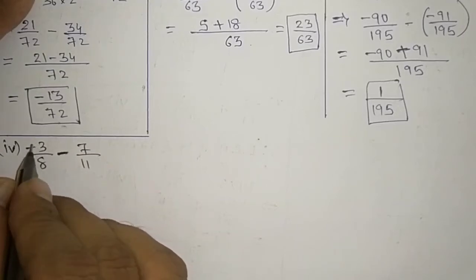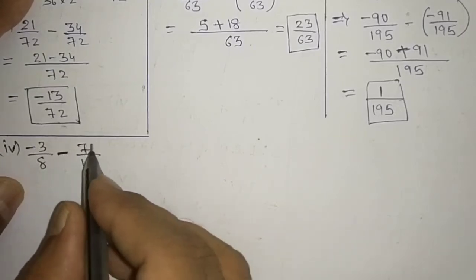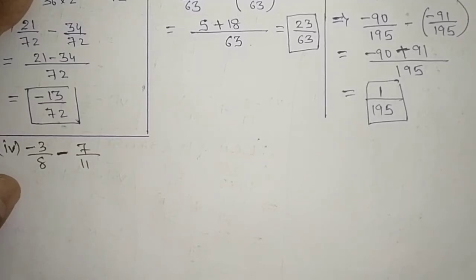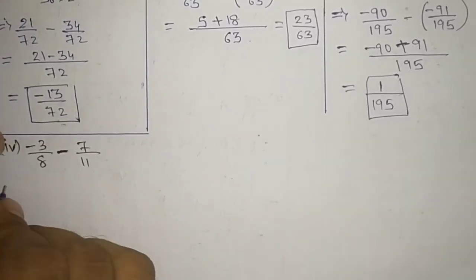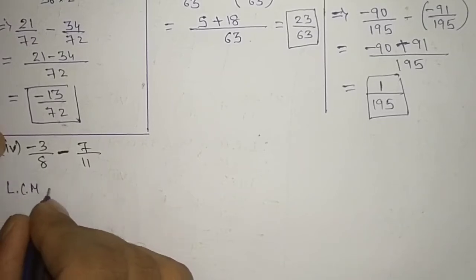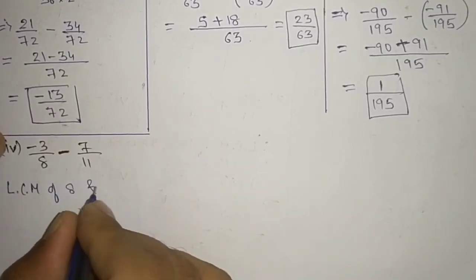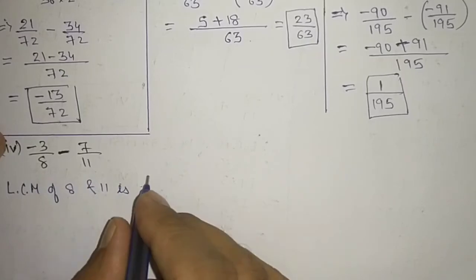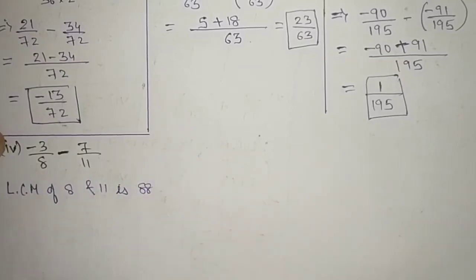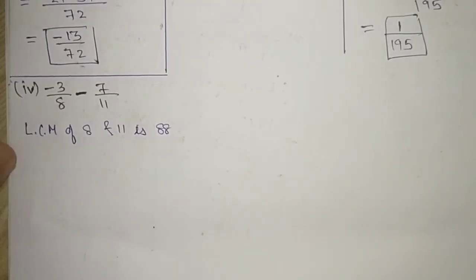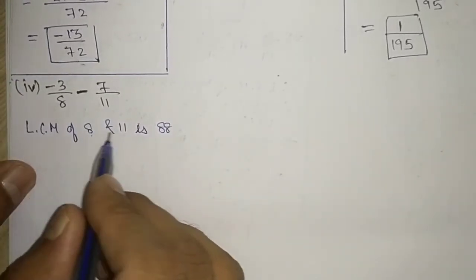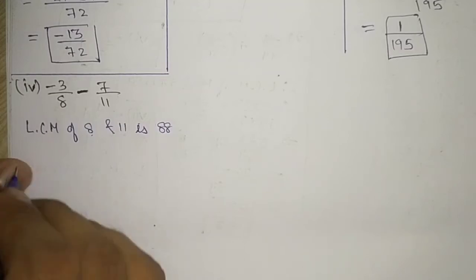It is subtraction, so we have to subtract 7 by 11 from minus 3 by 8. So now the LCM of 8 and 11 is 88, because there is no common factor between 8 and 11, so we will multiply and that will be our LCM.